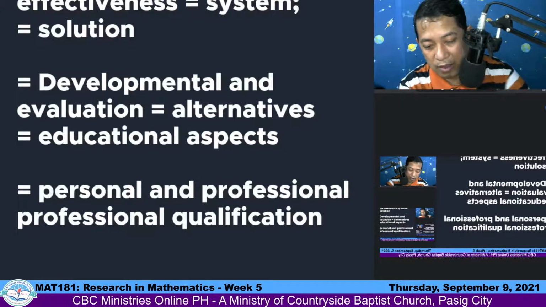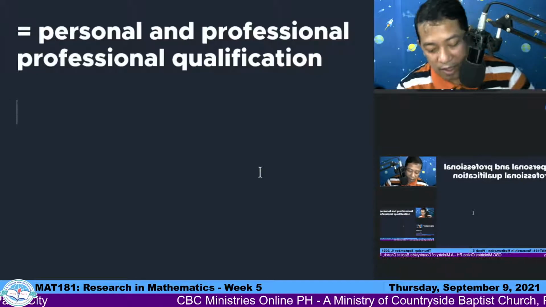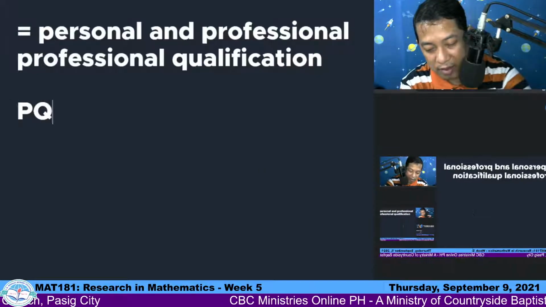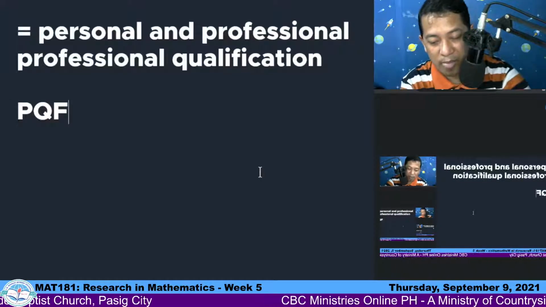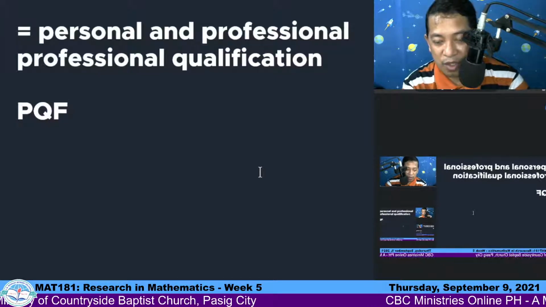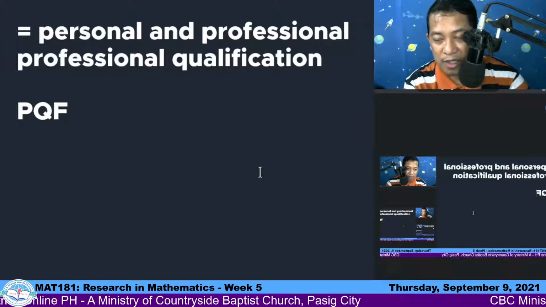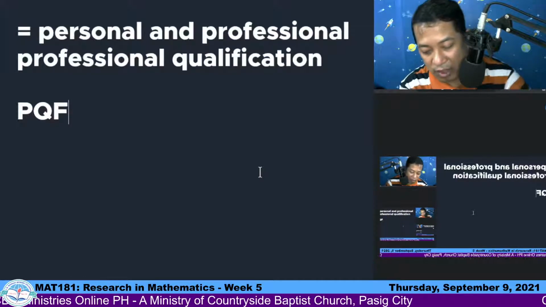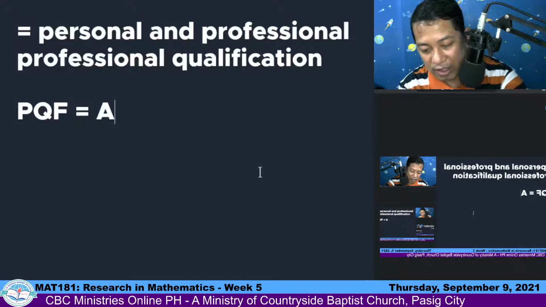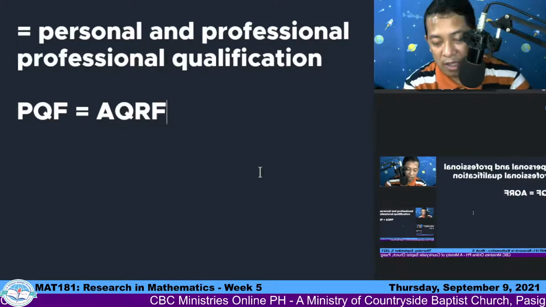Right now we are on that paradigm wherein we have the Philippine Qualification Framework, wherein our educational system is leveled into such framework that whenever we go to our ASEAN counterpart, that's the ASEAN Qualification Reference Framework, there are equivalencies.